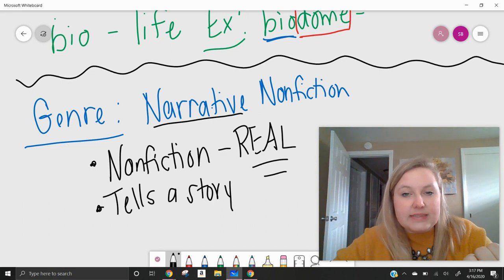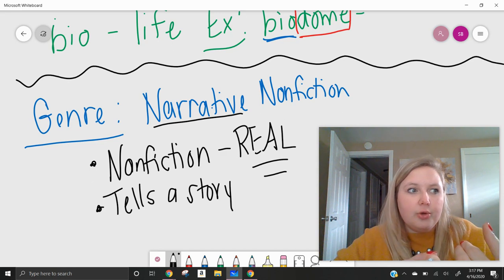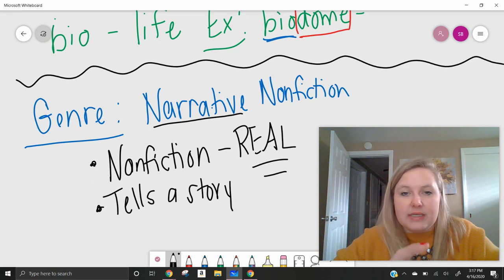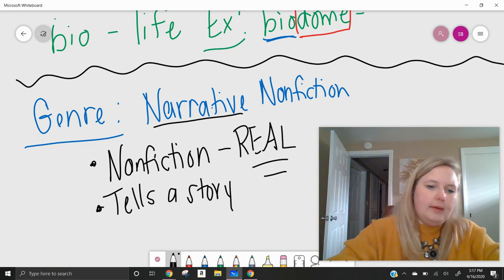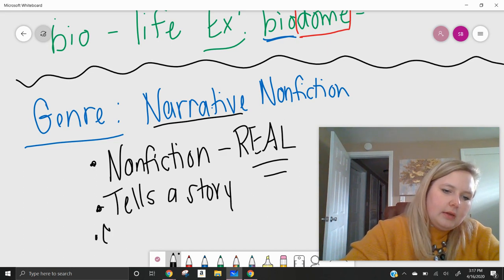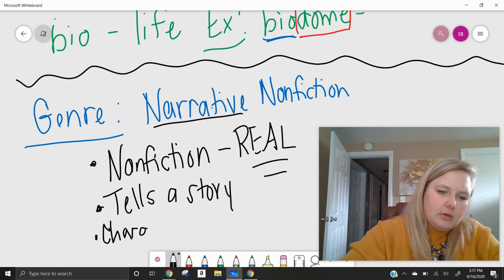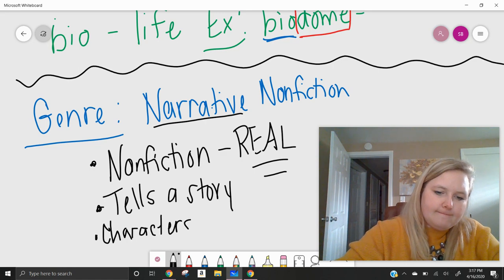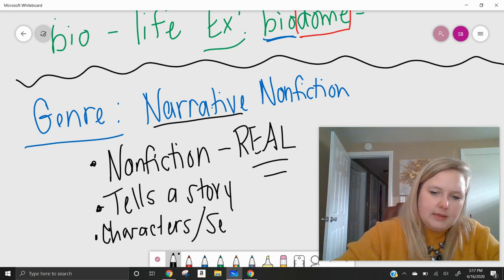multiple different things. Text features, it still includes text features because it's nonfiction, but it also will most of the time include characters and a setting, right? Characters, setting.